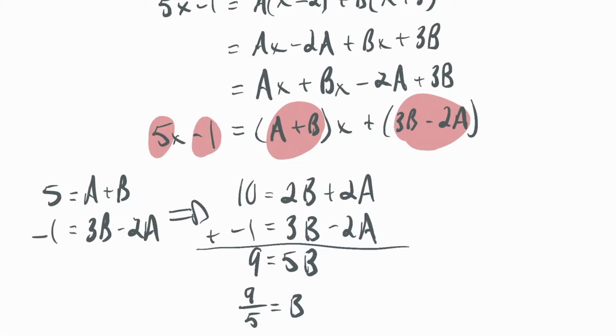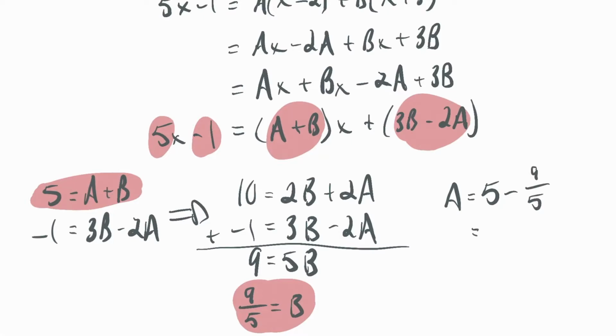Now I can take this number, 9/5 for b, and plug this back in. Well, I know that a plus b is 5. So a equals 5 minus b, right? Say 9 over 5. So 25 over 5 minus 9 over 5, which equals 16 over 5.